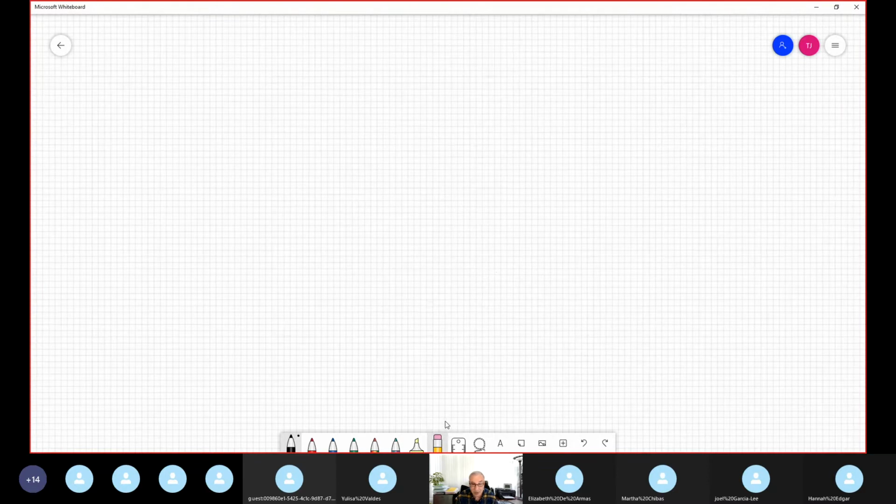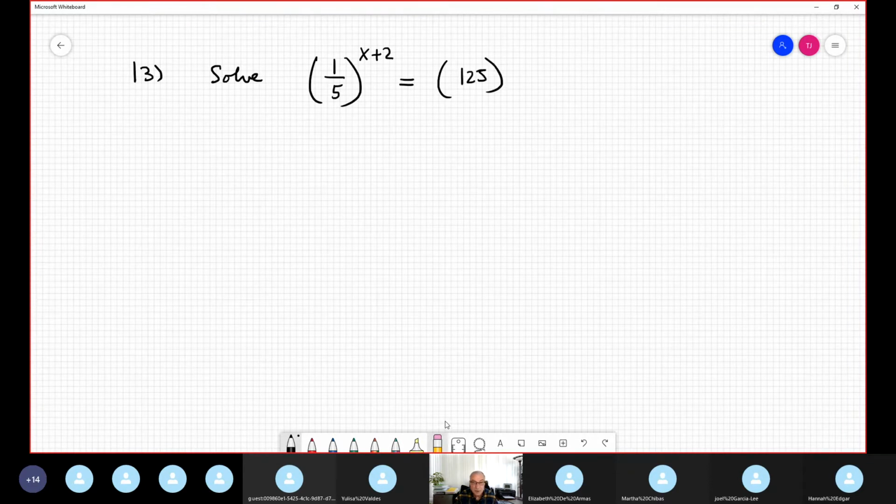Okay, 13 is similar. Look, solve again: 1 over 5 raised to the x plus 2 equal 125 raised to the x. Okay, we have again an exponential equation.